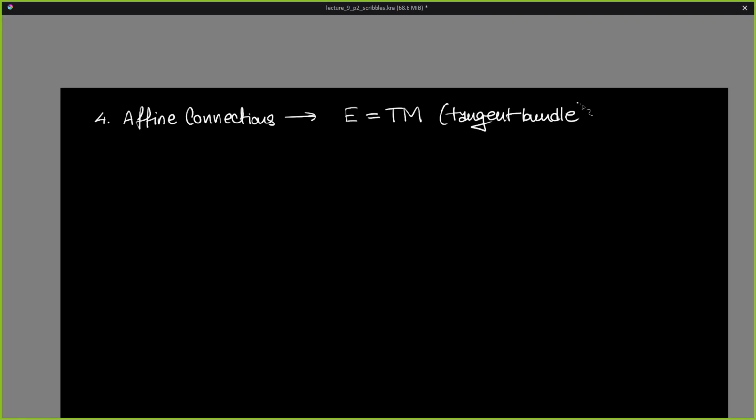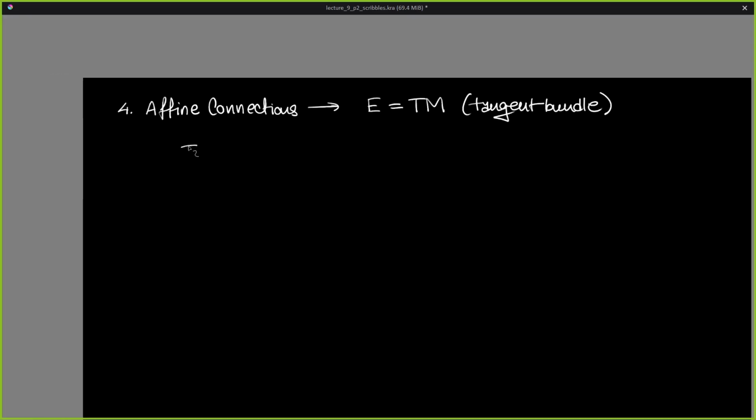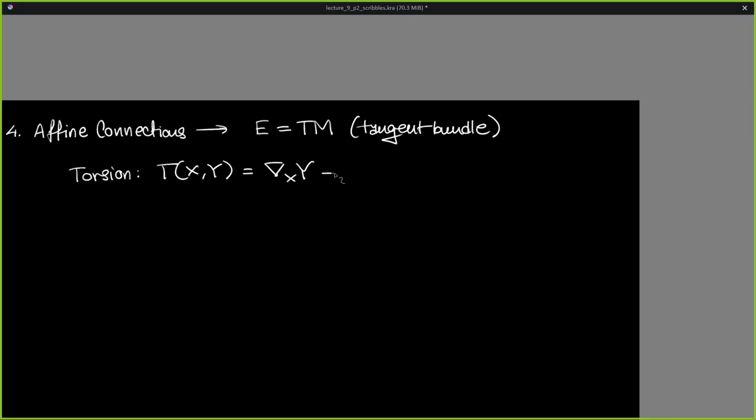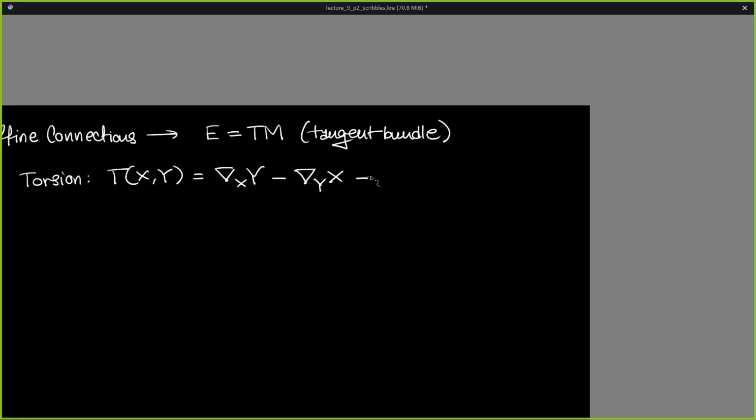And there are some extra things that we can define on affine connections, the main one being torsion. Torsion, T of xy is equal to nabla xy minus nabla yx minus the Lie bracket of x and y.